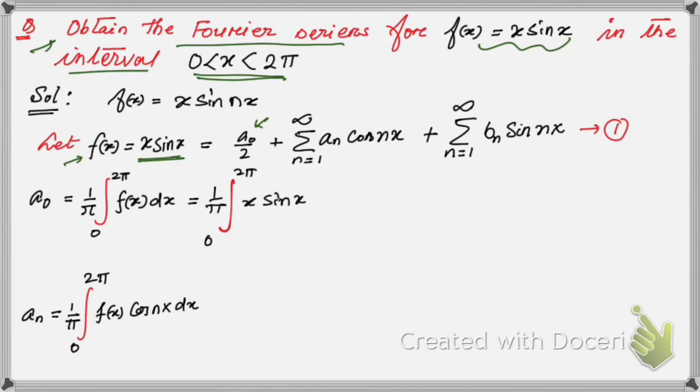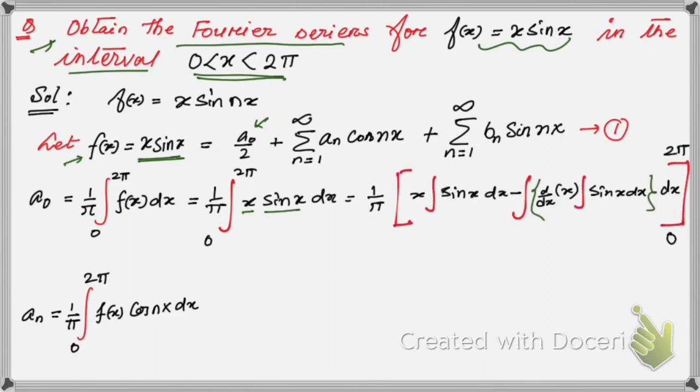x sine x dx. If you integrate this, what are you going to get? If you integrate x sine x, considering x as the first function and sine x as the second function, using the product rule. Let me show you.